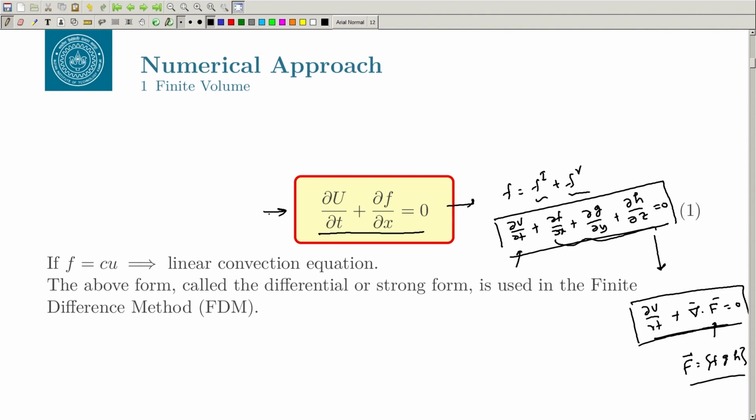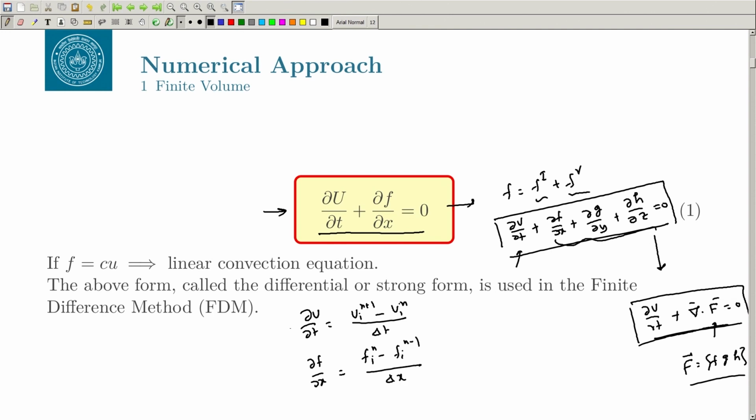it. Then what you get is a finite difference approach, right, because if you recall, this del u by del t is nothing but u I n plus 1 minus u I n by delta t, and del f by del x, depending on what scheme you are using, if you are using a backward scheme, is f I n minus f I minus 1 n by delta x, right.